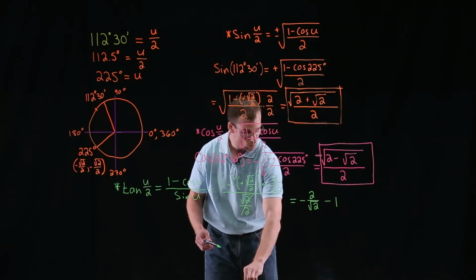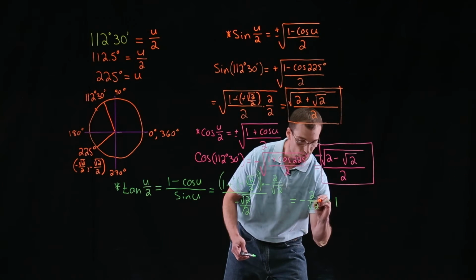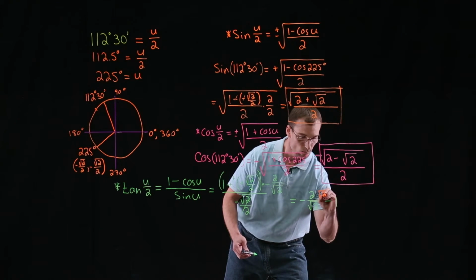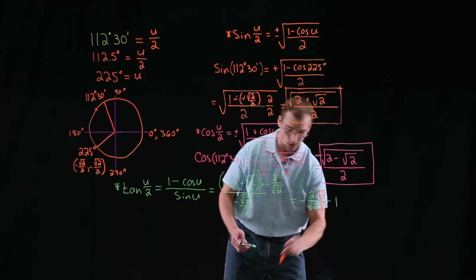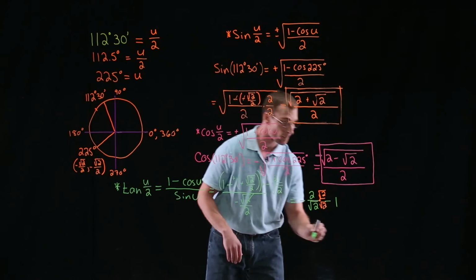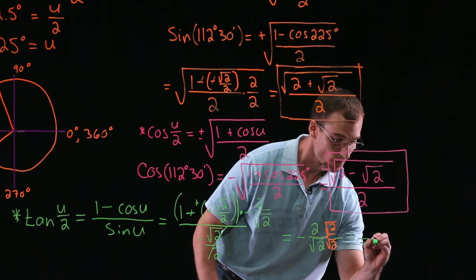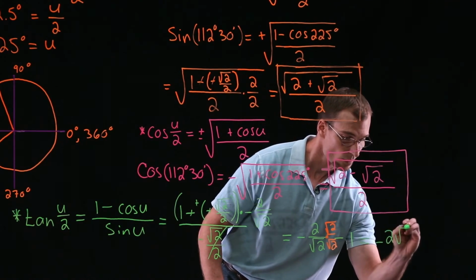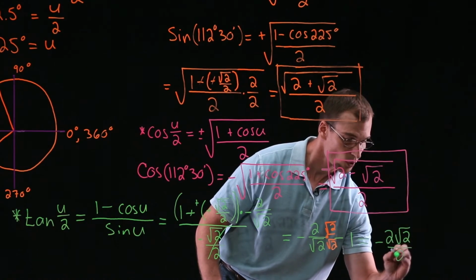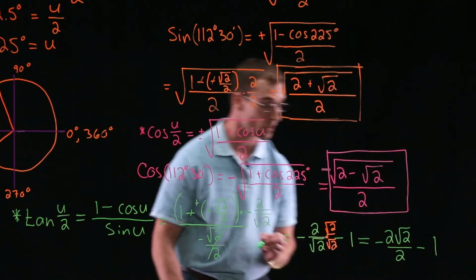And we can do that by simply multiplying through by square root of 2 over square root of 2. And this will give us minus 2 root 2 over 2 minus 1.